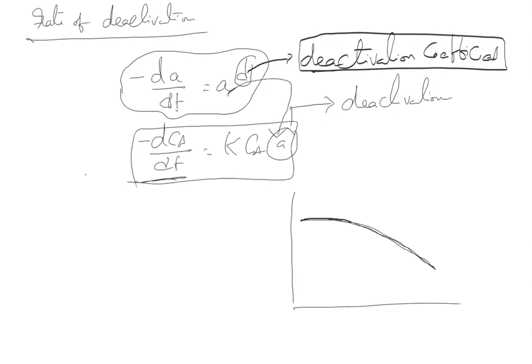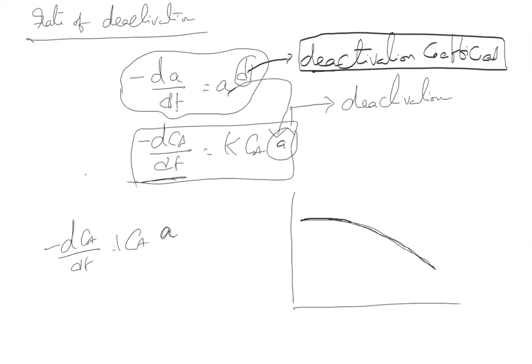So this is all deactivation of the catalyst, very simple. From the GATE point of view, what could be asked is, say, parallel deactivation, or A is something which talks about the deactivation. Without deactivation, what is my equation? Minus dCA by dt is equal to k CA. Now with the deactivation, I need to include a deactivation term.